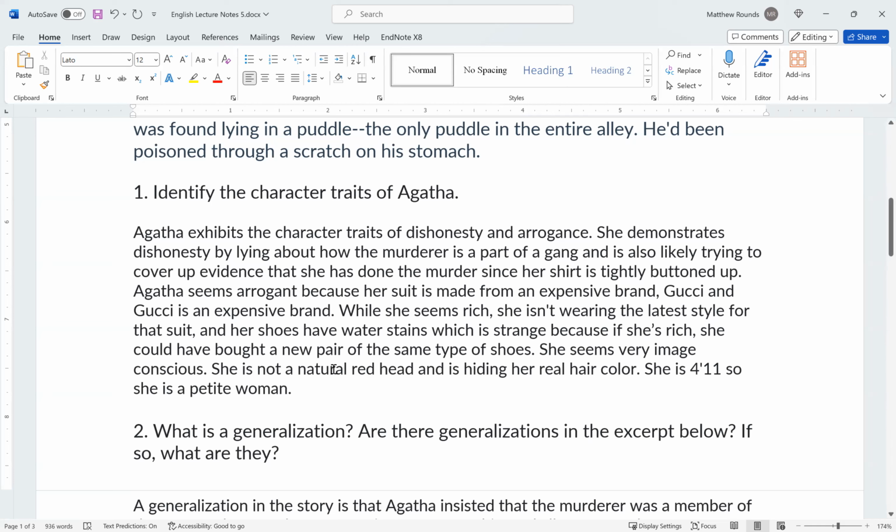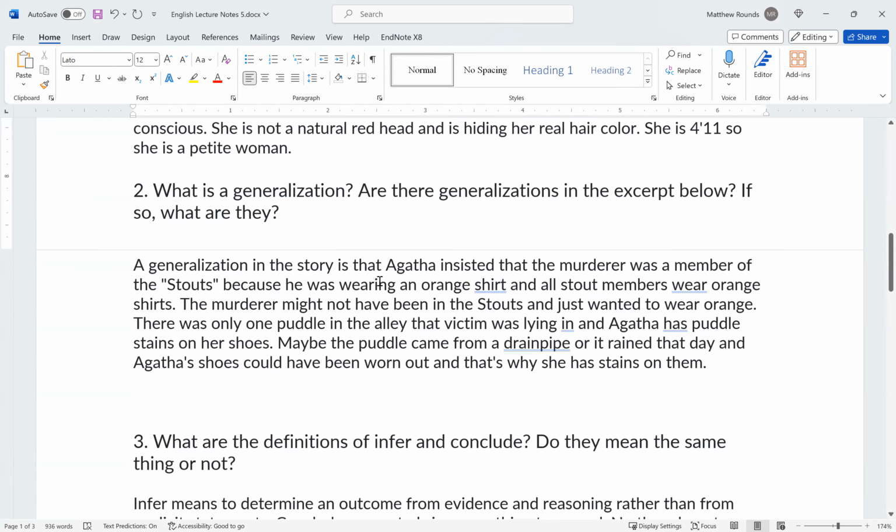Grammarly would have rewritten this in such a way that it would have avoided that awkwardness. For number two, look for a couple of spots where apostrophes didn't come through. Oh boy. Member of the Stouts because she was wearing an orange shirt and all Stout members.